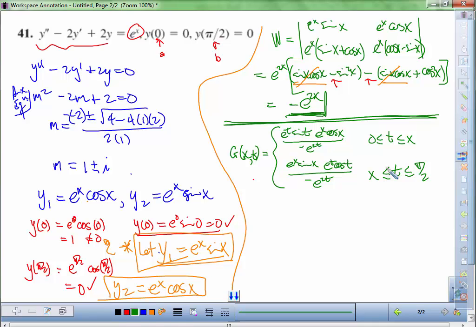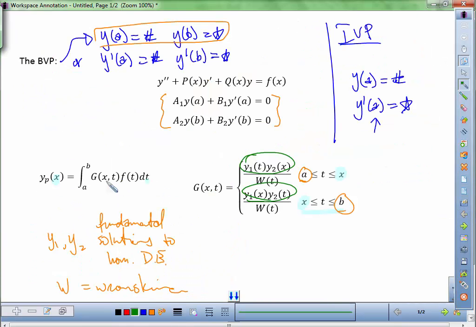Is x going to stay as x? Yeah, x is going to stay in terms of x, because when we eventually solve for this integral, we'll have to break it up into two different integrals. This is how you use Green's function to find a particular solution. This is our next step.